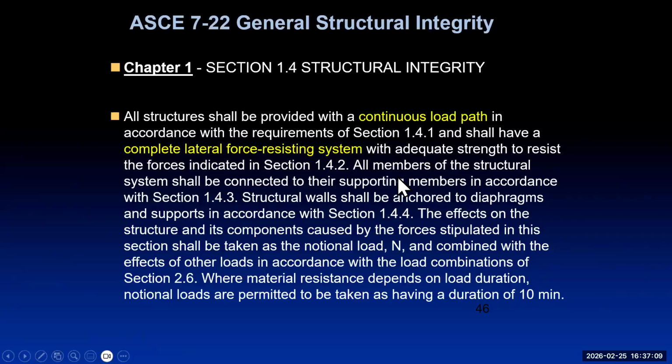Effectively, what this says is that the design will tell you what the load is, and the design will look at the probability of such a load occurring, and that the structural system must be sufficient to resist those loads.